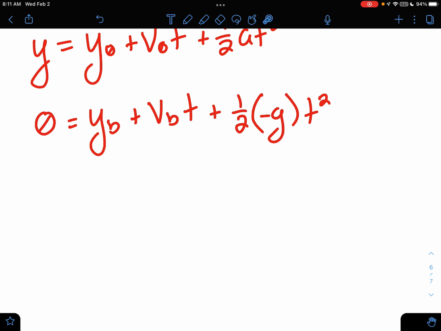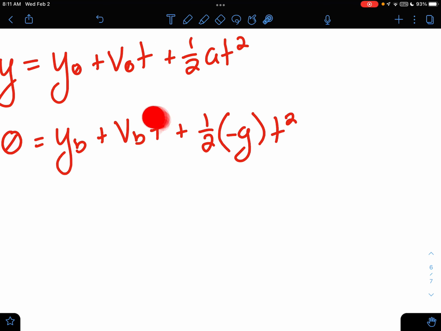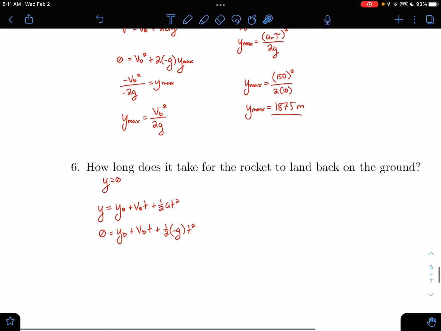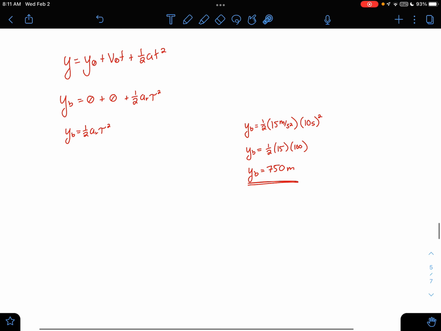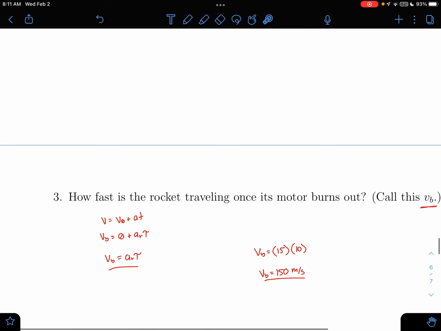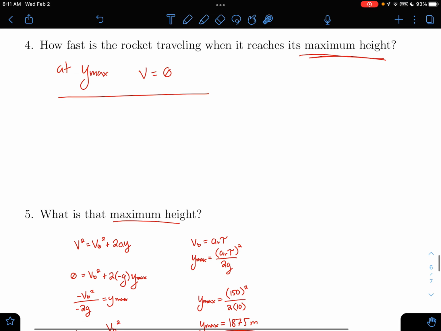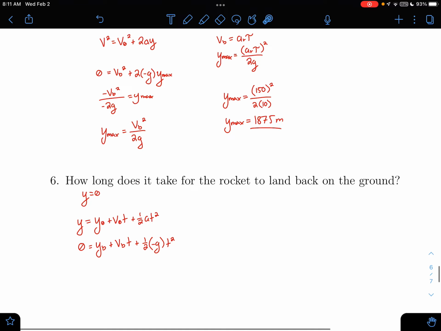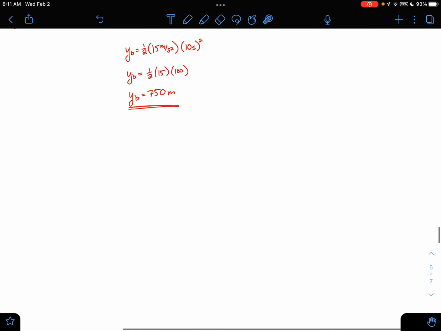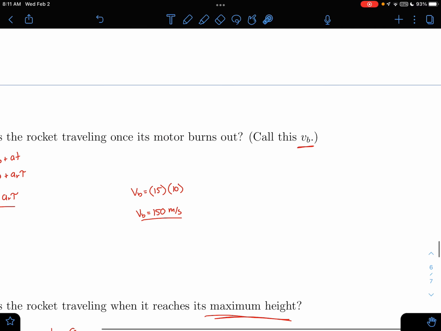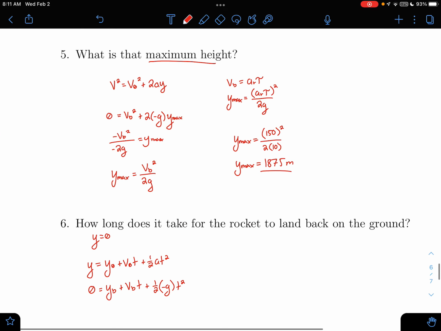Wonderful. So in plugging all this in, I could plug in all of our variables again, because we have yb in terms of variables, and vb in terms of variables, but I'm going to be a little lazy and just plug in the numbers, because I calculated numbers off to the side.